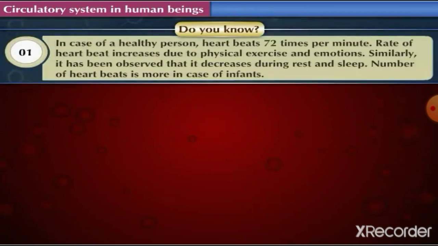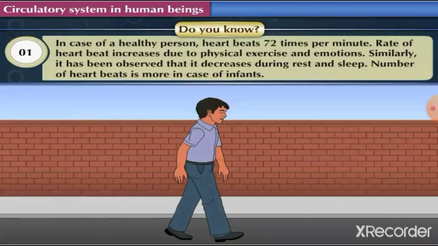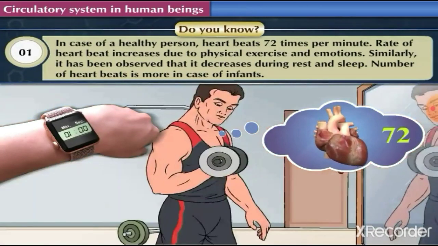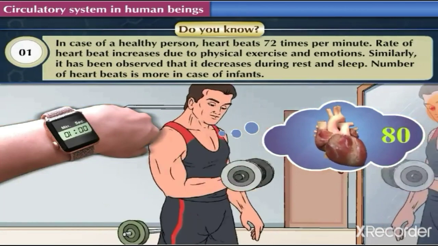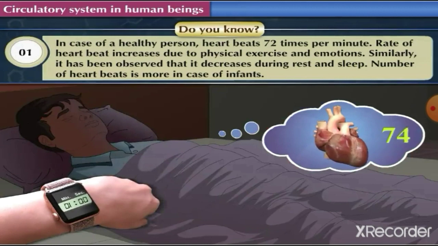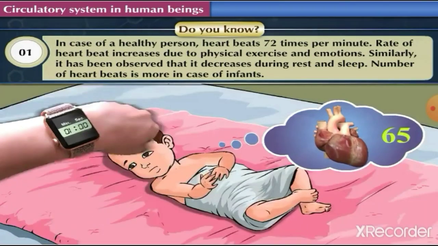Do you know? 1. In case of a healthy person, the heart beats 72 times per minute. Rate of heartbeat increases due to physical exercise and emotions. Similarly, it has been observed that it decreases during rest and sleep.